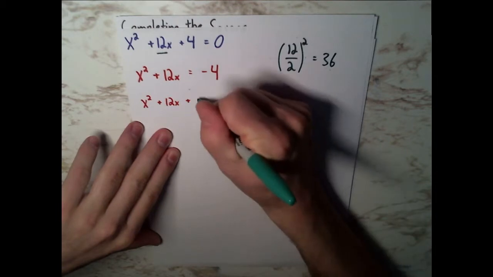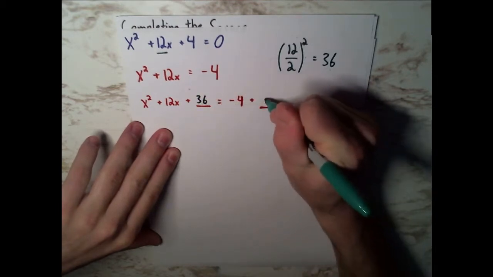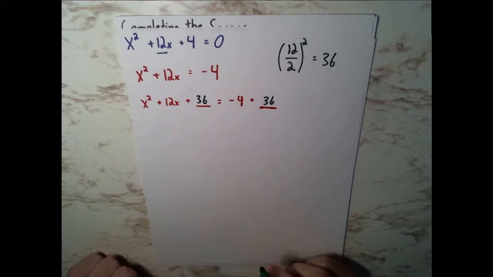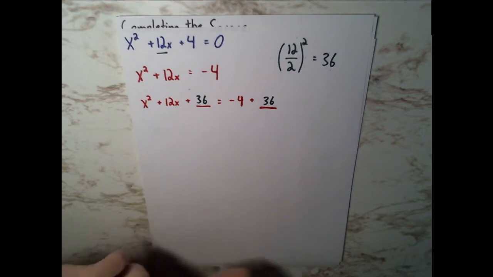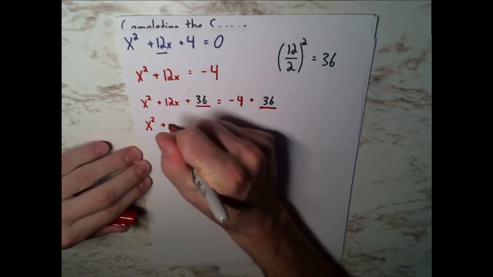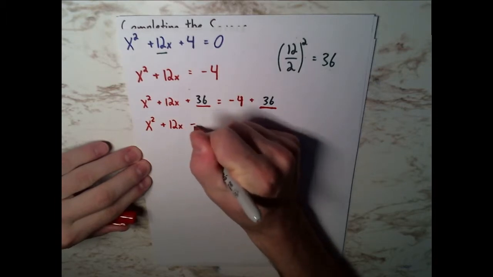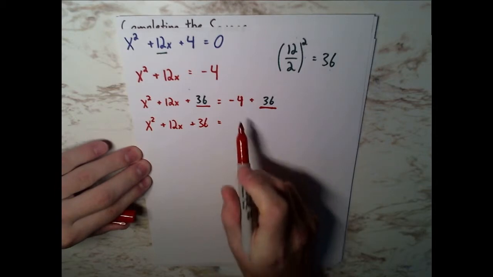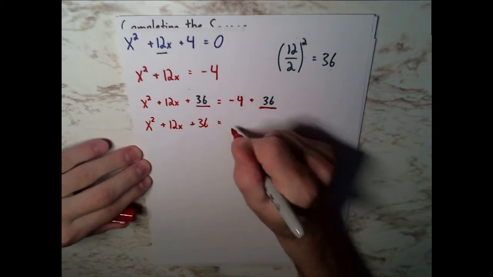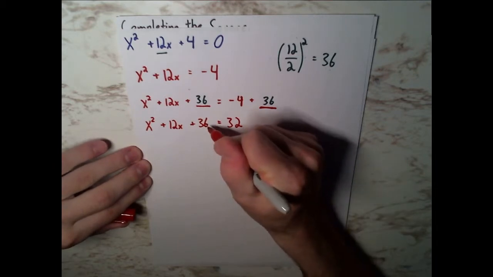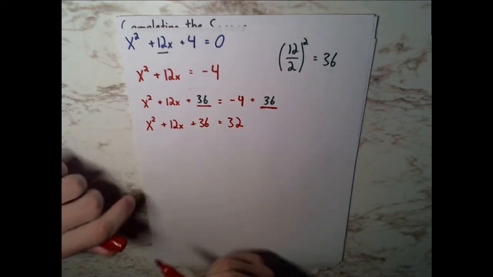So we're going to put a 36 in each blank there. I'm going to simplify a little bit more. X squared plus 12x plus 36 equals negative 4 plus 36, which gives us a positive 32, and there's no simplification that can take place here.